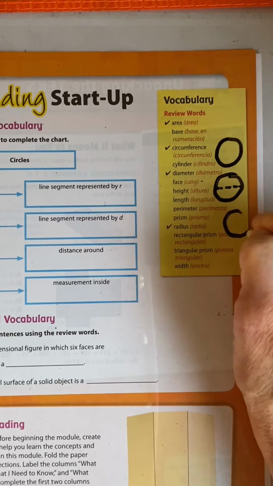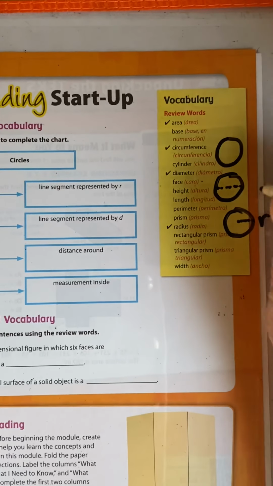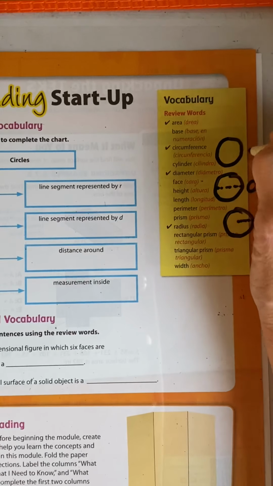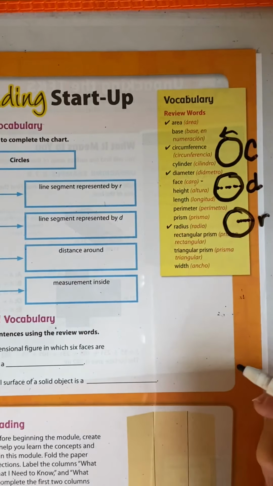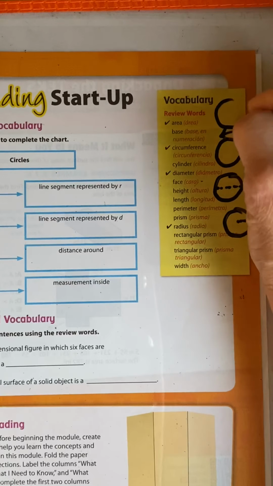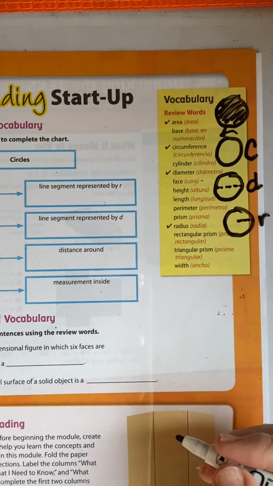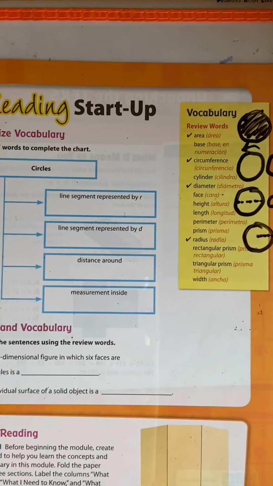Radius is only halfway across, represented with R. Diameter is represented with D, all the way across. Circumference is the distance around a circle. And area is the space inside the circle, the amount of square units inside the circle.